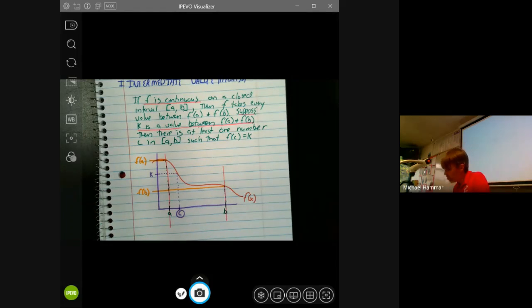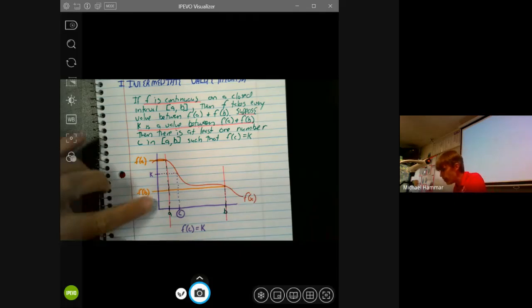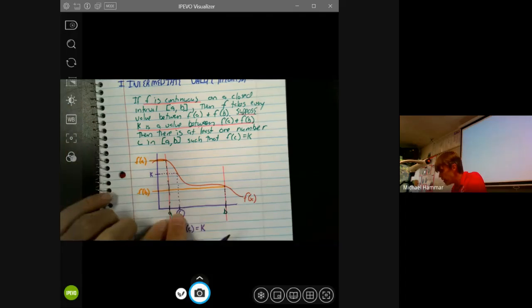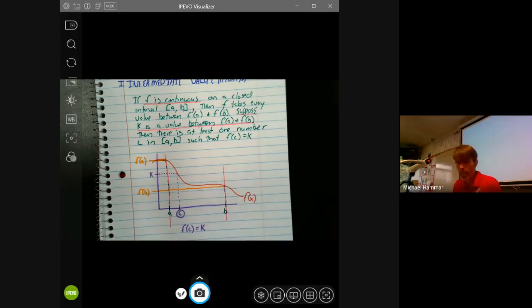So f of c will equal that value of k. So we just have a continuous function on a set interval, and if we pick any random value between here, there should be some x value that will work in between a and b. So that is the intermediate value theorem.